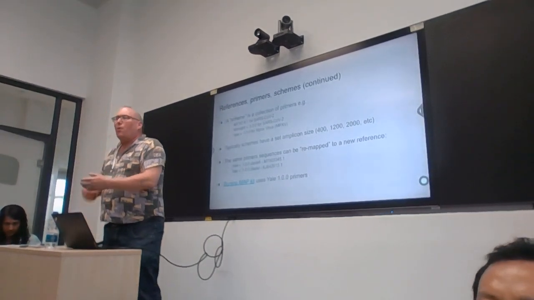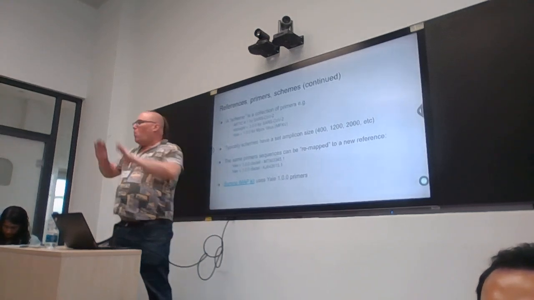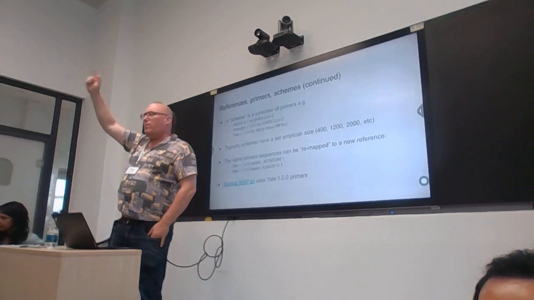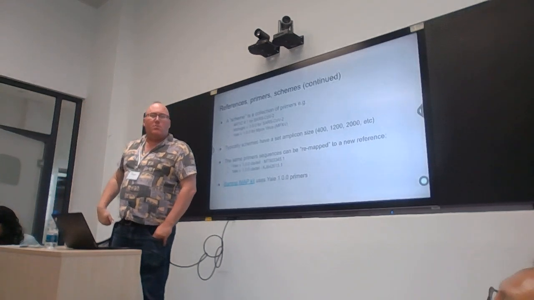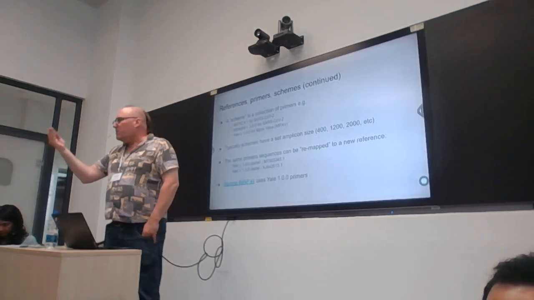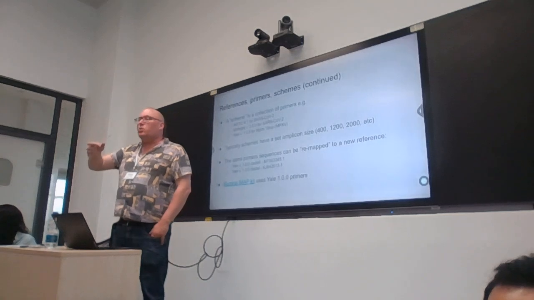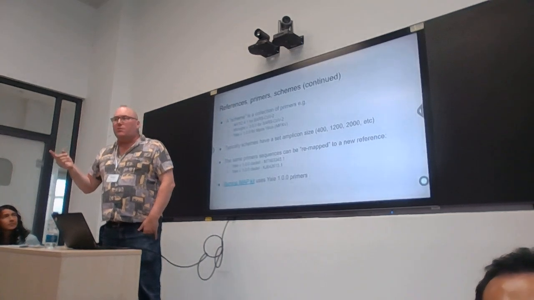Okay? Now, immediately that I've said this, who over here during the COVID pandemic had to work with updated primer schemes? Anybody here need to update? When you were sequencing SARS-CoV-2, if you started in 2020, then you were probably using version 3 primers.